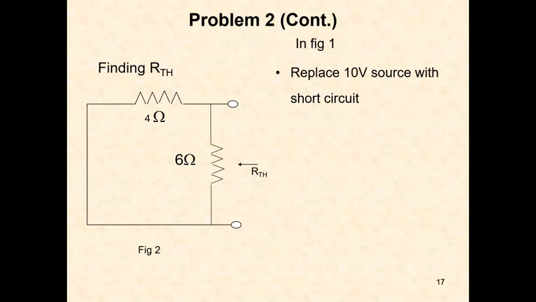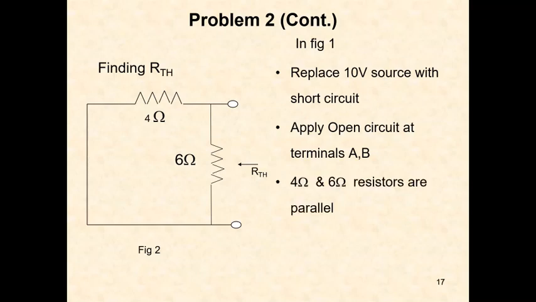Replace the 10 volt source with a short circuit and apply an open circuit at terminals AB. RTH is equal to 4 into 6 divided by 4 plus 6, that is 2.4 ohms.